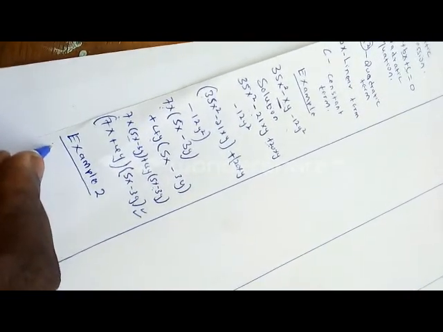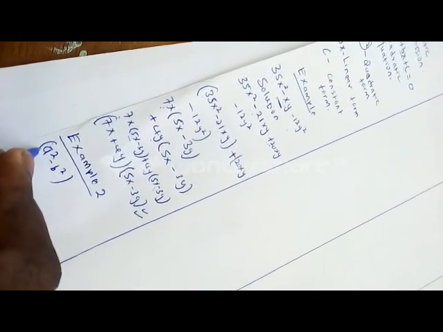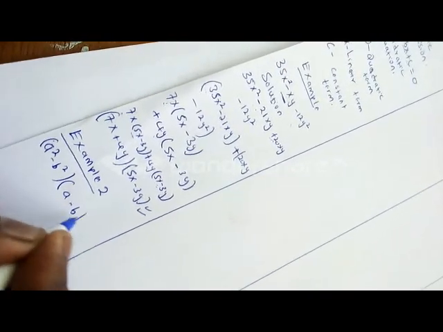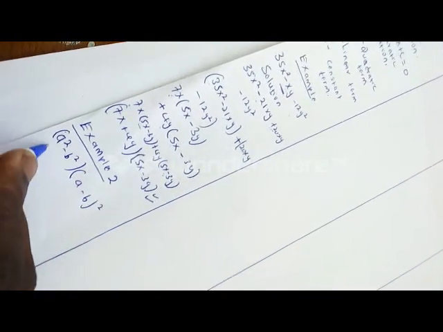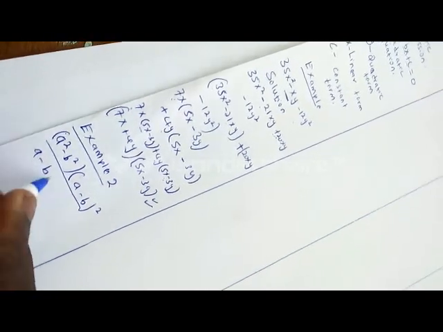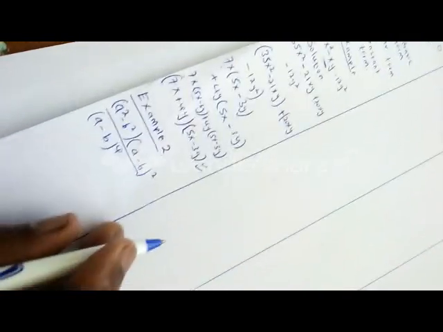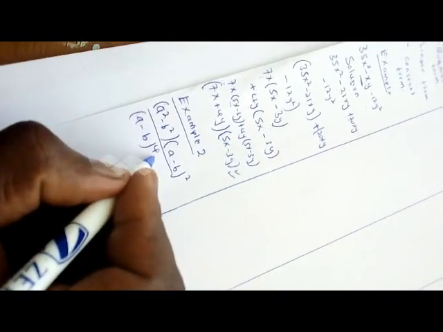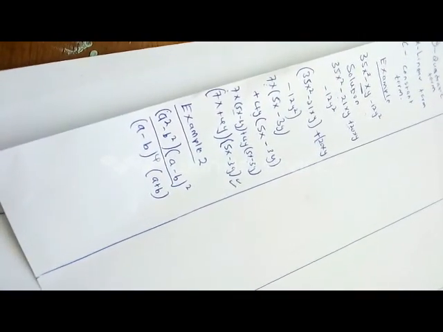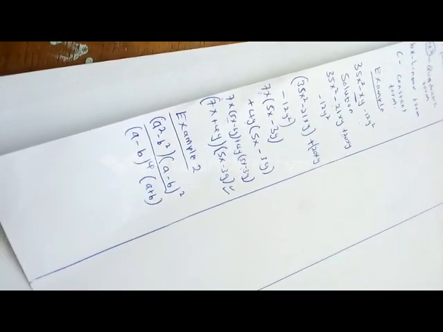So the expression is (a squared minus b squared) into bracket, then you have your (a minus b) squared all over (a minus b) into bracket raised to power 4, then you have into bracket (a plus b). So the question says simplify the expression below, leaving your answer in powers of a and b.